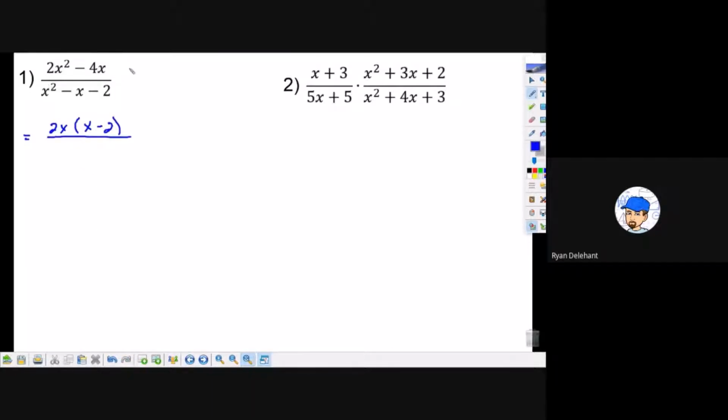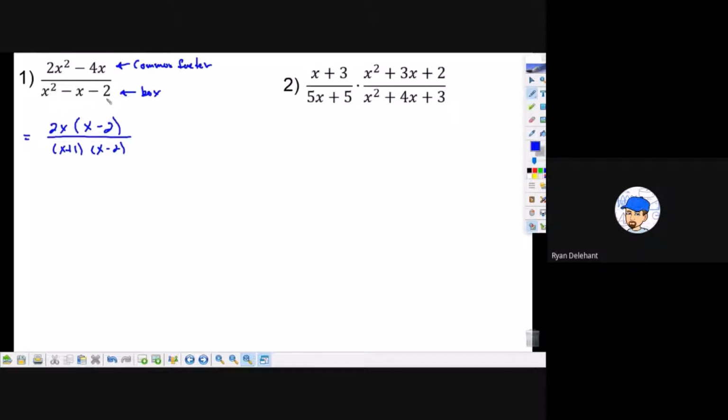And then the bottom, so the top up here, this was a common factor. The bottom down here, it's not a common factor, 3 terms, so you learn this with the box. But this is going to be x plus 1, x minus 2. If you watched my video on simplification from last week, I talk about factoring these things with factoring quadratics that have 1 as the first term, where you can just look at the last number.